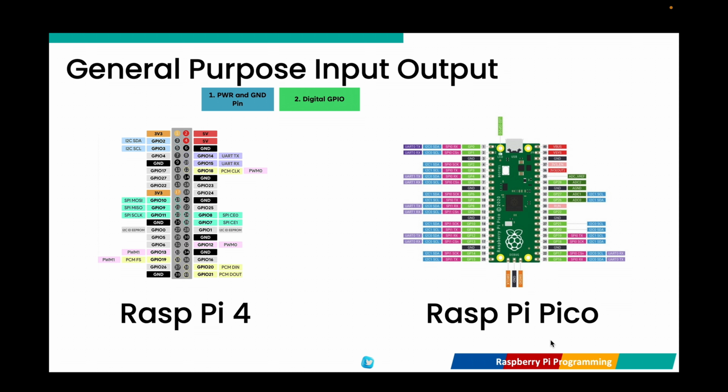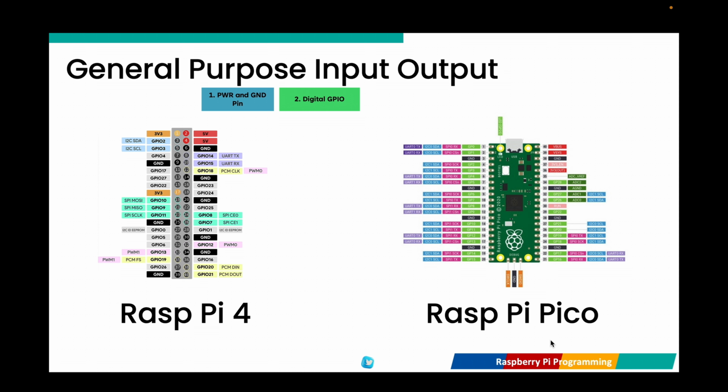Secondly, there are the standard GPIO pins. Both boards have general purpose input-output GPIO pins, which can be configured into input mode to read digital signals such as from buttons or sensors, and output mode to send digital signals such as turning on LEDs or controlling relays.